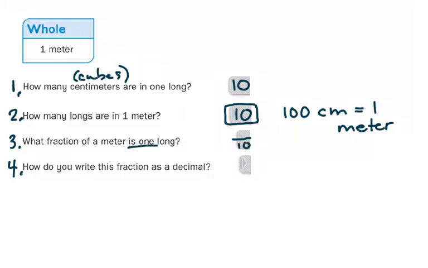And then if you have just one long, what would be my numerator? Go ahead and write it before I do. 1/10. And how would I write 1/10 as a decimal? Go ahead and write that for number 4. It would be 0.1.